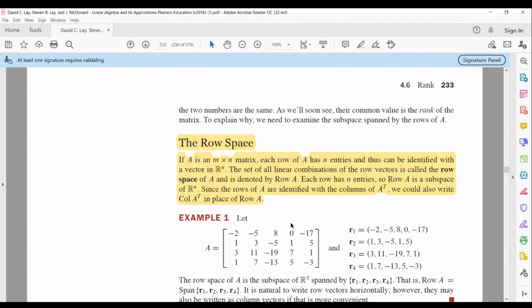Now, one moment here. I think there's a typo there. Hold on. No, that's right.